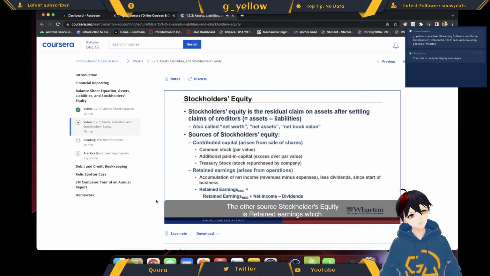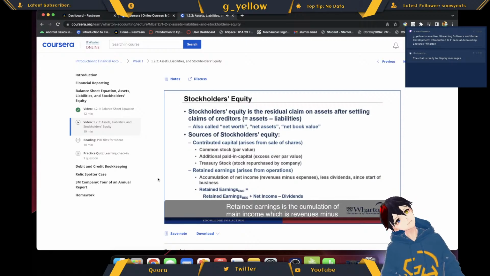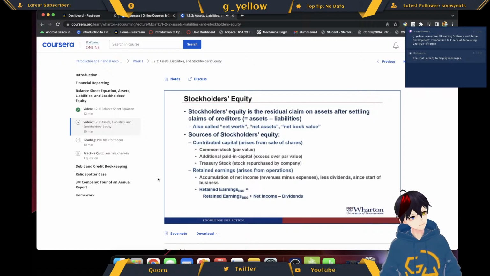The other source of stockholders' equity is retained earnings, which arise from operating the business. Retained earnings is the accumulation of net income, which is revenues minus expenses, less any dividends that have been paid out since the start of the business.